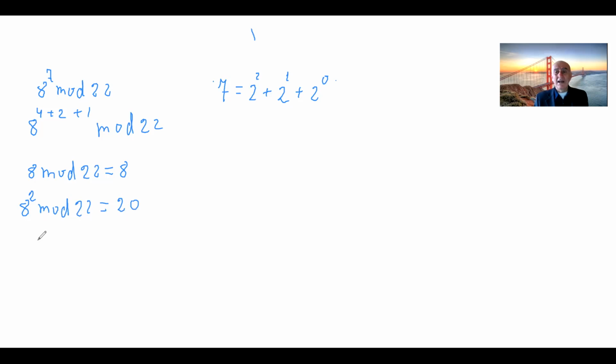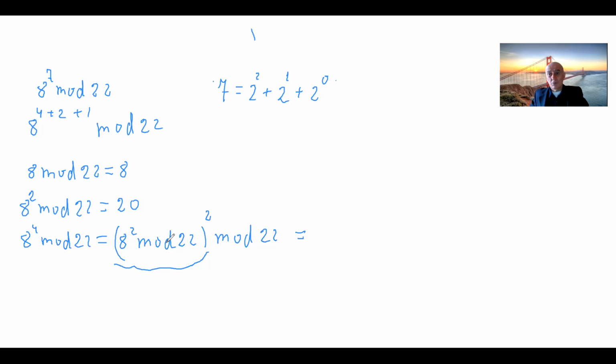Now I need to find 8 to the power 4 mod 22, and I will use a property of modulo. It equals 8 square modulo 22, squared, mod 22.